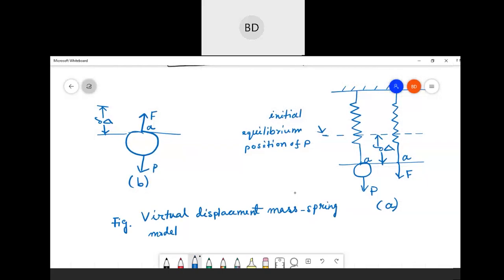First complete the drawing, then I will start writing. Is it done?